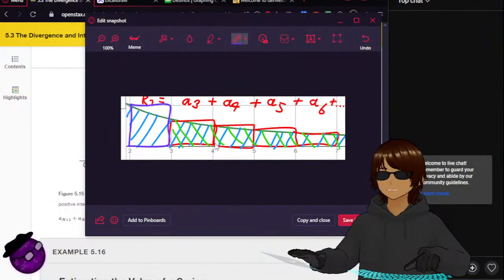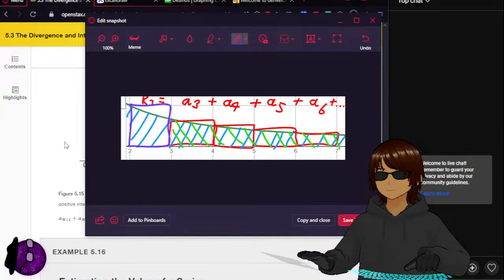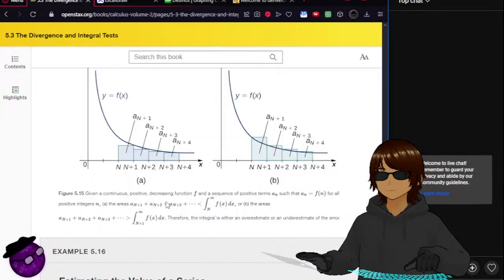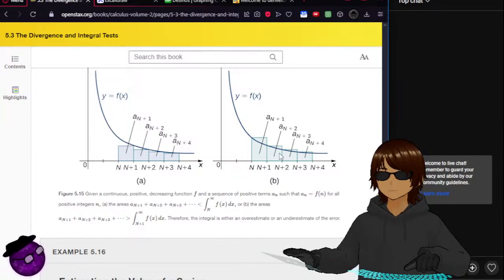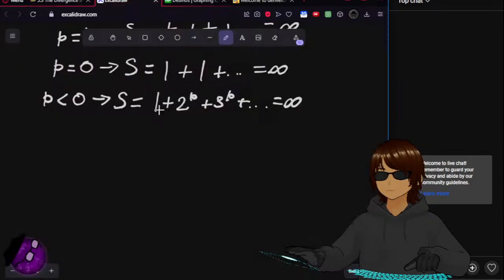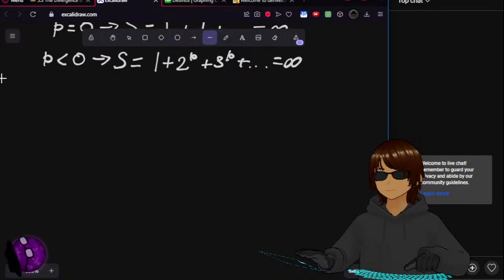So the remainder, this is the correct one, the red boxes. So I have n plus 1. Wait, I think I understand.